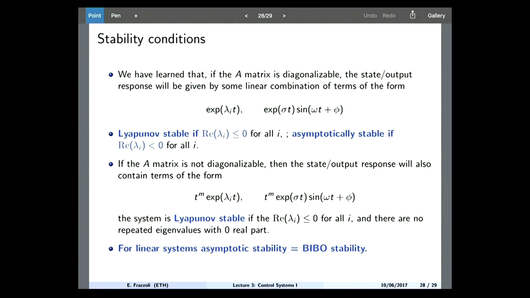By repeated here, I mean in the geometric sense, so these are eigenvalues that appear in the Jordan form. Also notice that for linear systems, if the system is asymptotically stable, then you can show that it's also BIBO stable, in the sense that you get a bounded response for any bounded input.